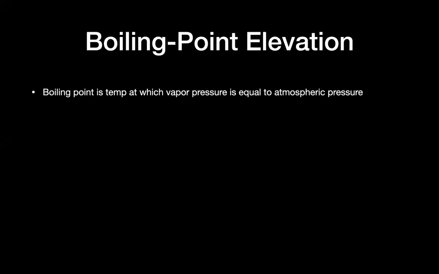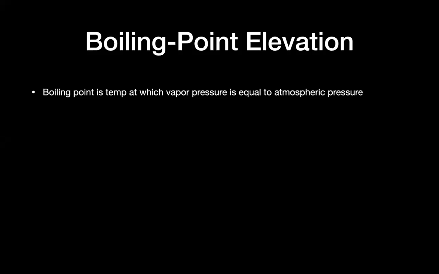Okay, boiling point elevation is going to be the same, but opposite. You're going to have a very similar formula. We know that boiling point is the temperature at which vapor pressure is equal to atmospheric pressure.